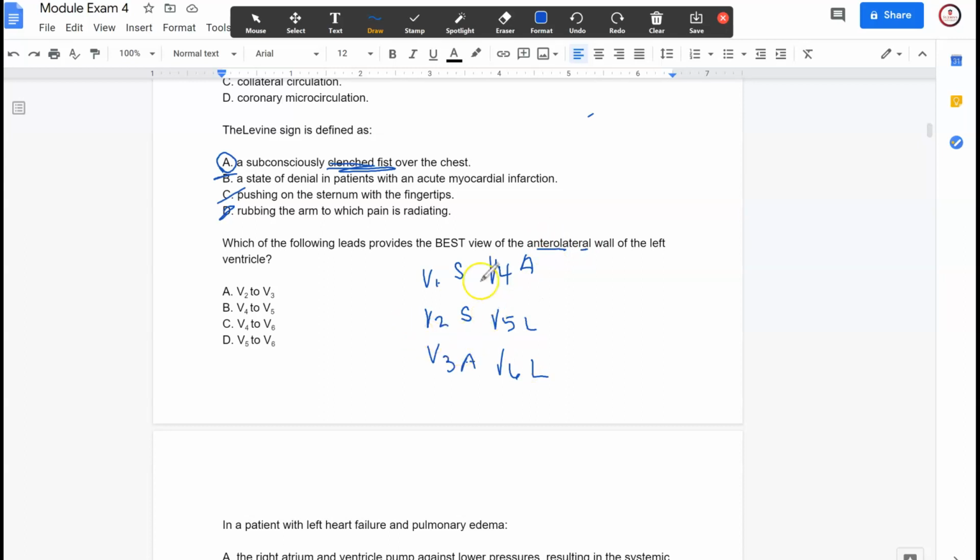V2 is septum, V3 is anterior, no. V4 and V5 are anterior lateral. V4 to V6 is more anterior and lateral. V5 and V6 is just lateral. Of the two options, which gives you the most leads? That's V4 to V6, because it gives you a plus one over the other.